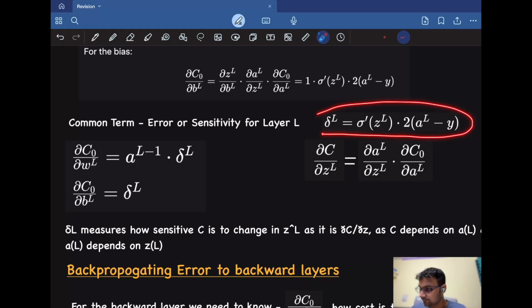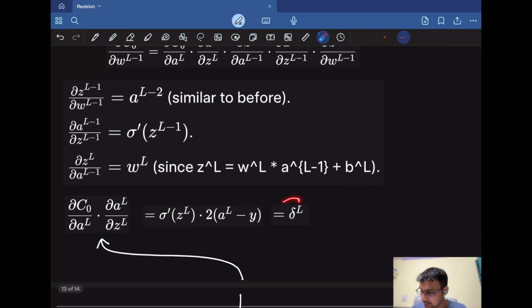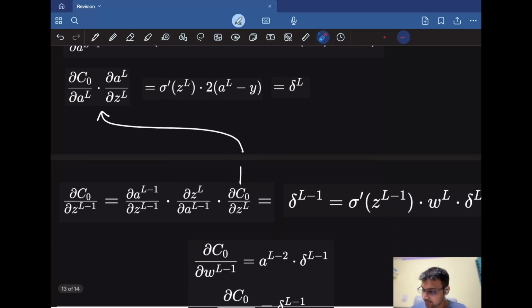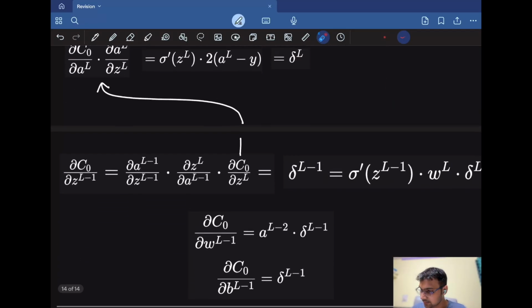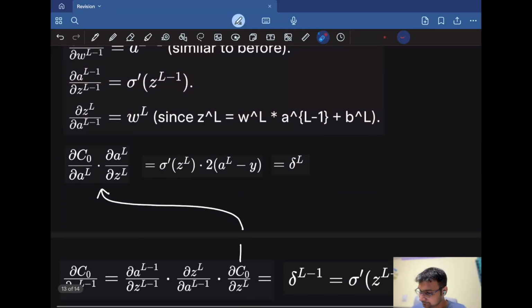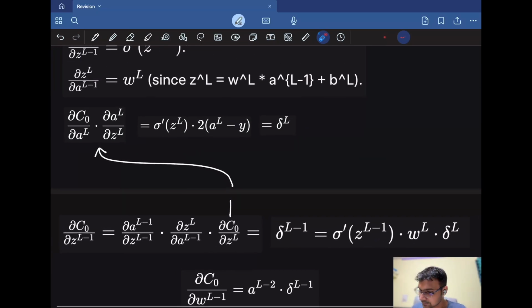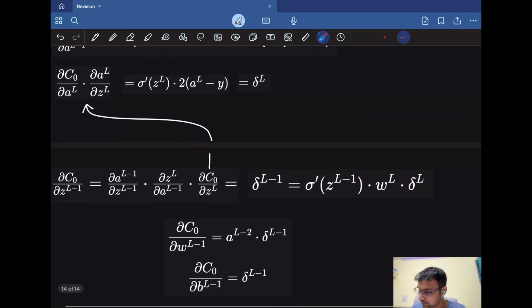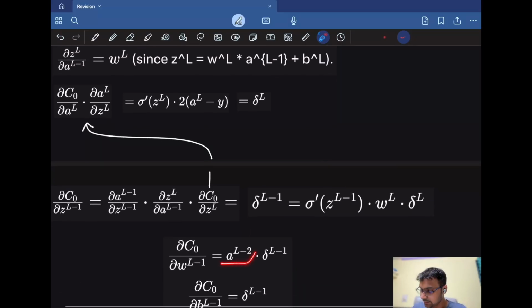So here this is delta L. If we combine all these things, our value comes out to be A L minus 2 and delta L minus 1.